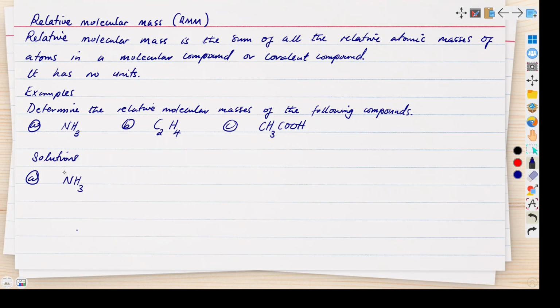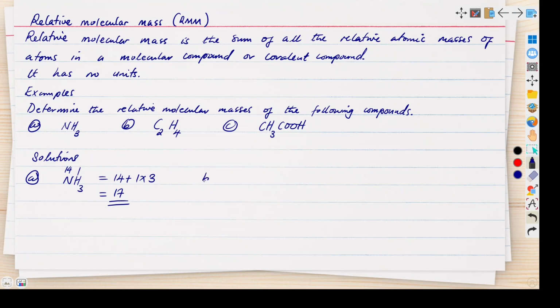Nitrogen's atomic mass is 14, hydrogen 1. Then we sum them up: 14 plus 1 times 3, which is 3 plus 14, equals 17. This is the relative molecular mass of ammonia.